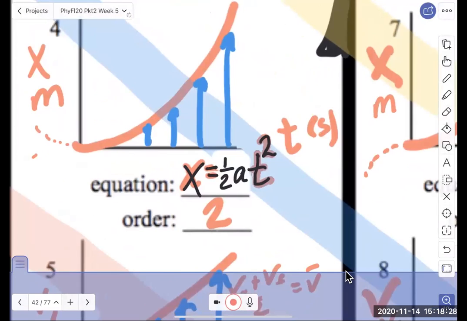And now we can write it more specifically as X equals 1/2 AT squared. And it turns out this is true for any object that is falling or is accelerating at a constant rate. That is how the position changes with time.